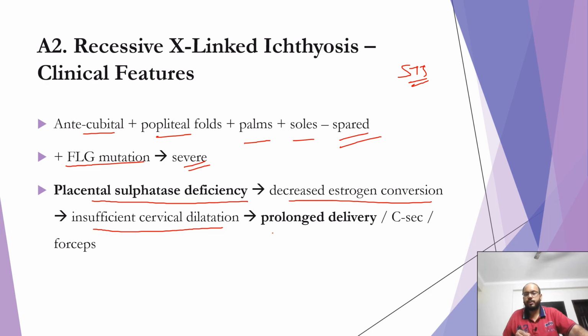This can lead to prolonged delivery, C-section, or even forceps during delivery. So whenever you see a patient whom you suspect to have XLI, it's a good idea to ask the parents of the child if there was any prolonged labor or need for C-section. Why? Because in the absence of steroid sulfatase, you will have decreased estrogen conversion, leading to insufficient cervical dilatation, leading to prolonged delivery or use of forceps. Let's move forward.